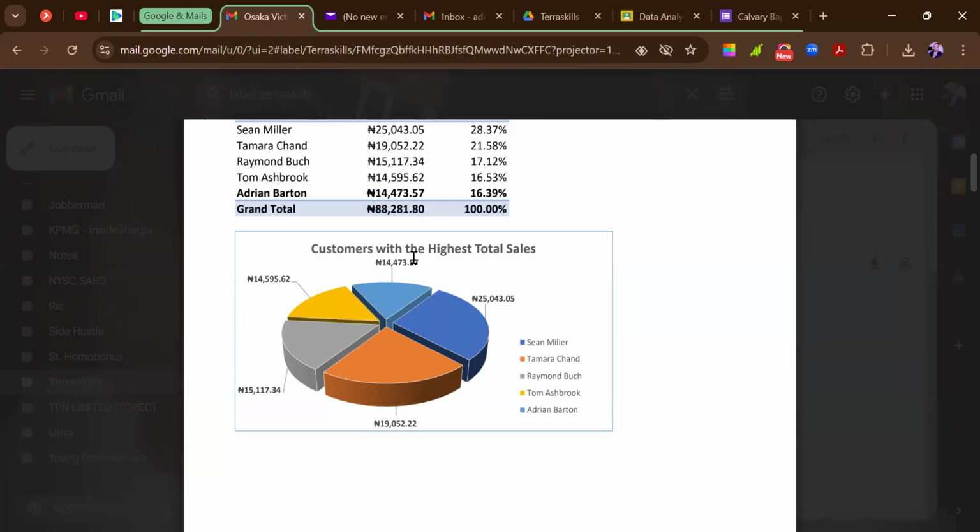Representing the right information with the right charts is very, very important. The right visual is very important. This is a good idea, but I kind of feel it is not suitable for this. Something like a column chart or a bar chart would have sufficed, would have been very, very good.